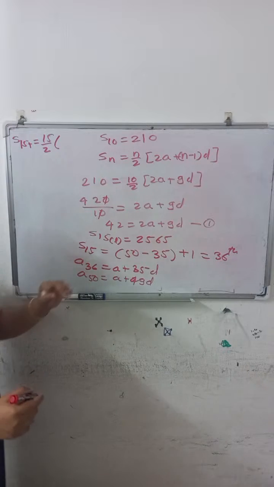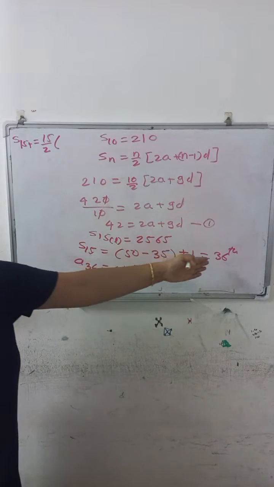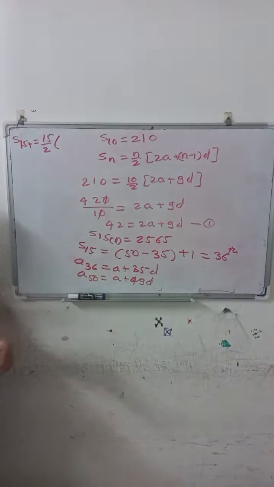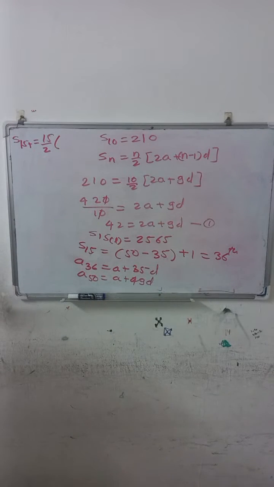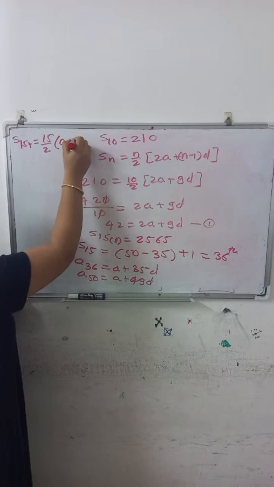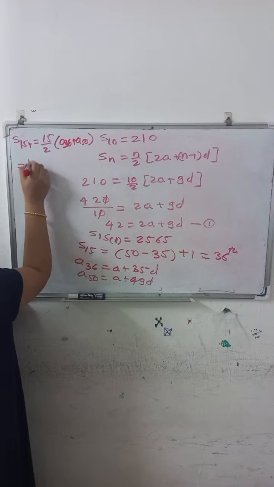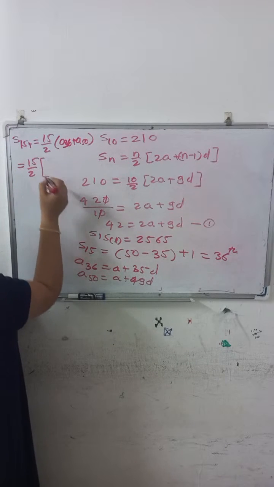For the sum of the last 15 terms, from the first is how much? 36. And the last term is 50 here. Add both terms, so here I will write A36 plus A50.